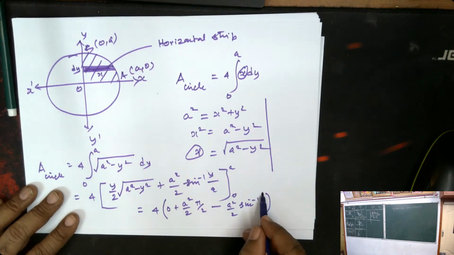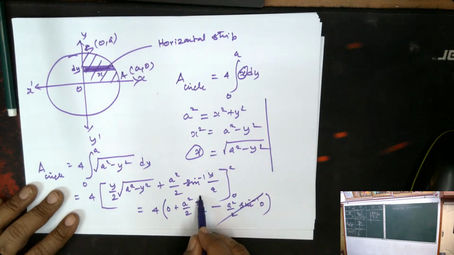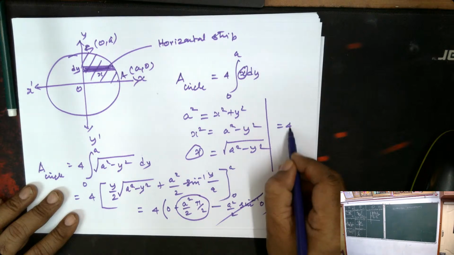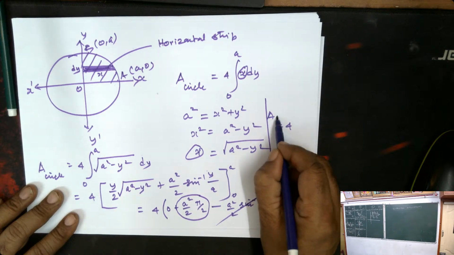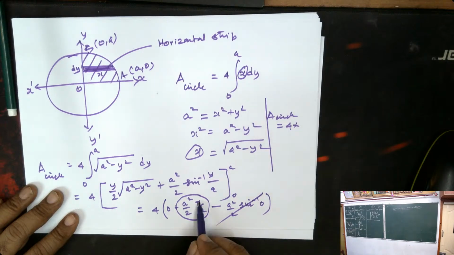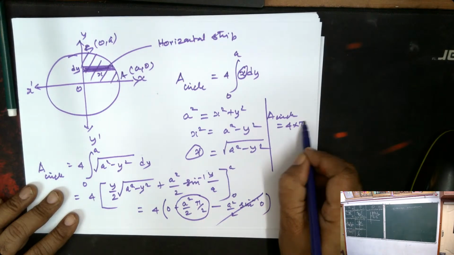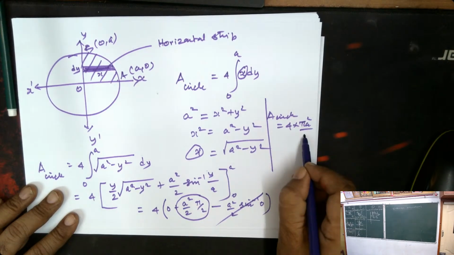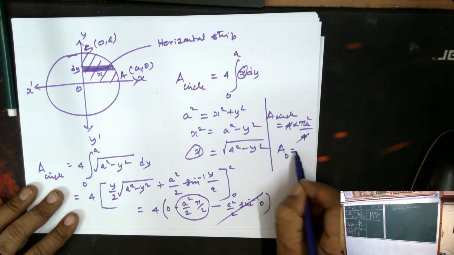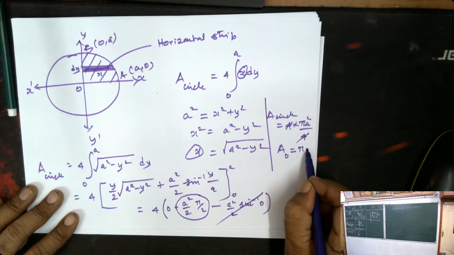So this is also 0, cancel. Now you have to consider only this term. Now 4 into pi a squared divided by 4. So you can cancel this. Now area of the circle is equal to pi a squared.